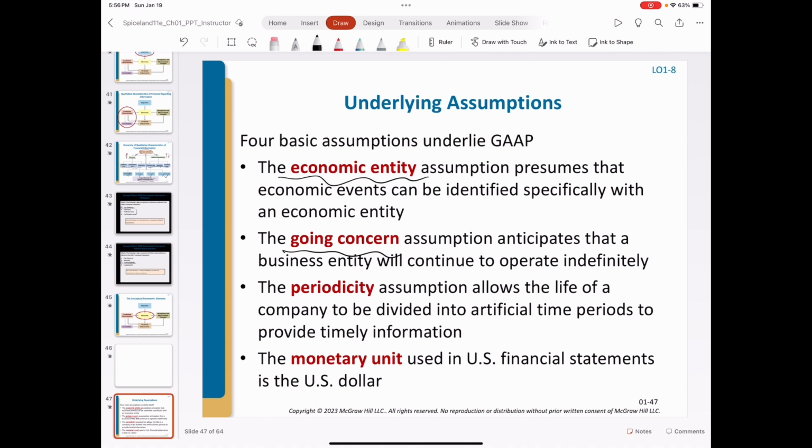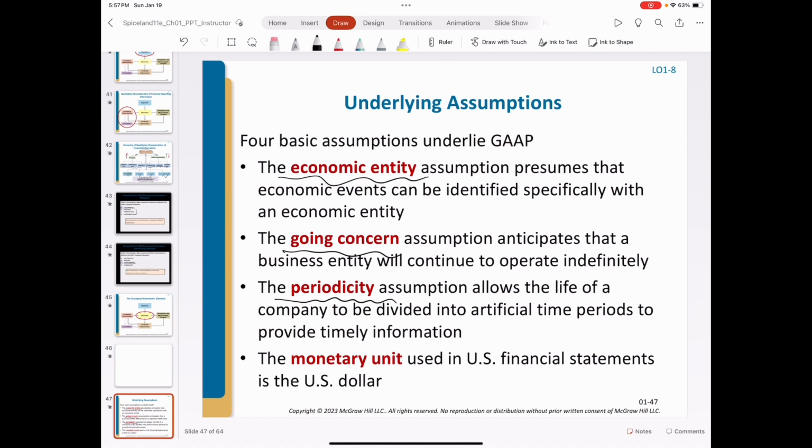The next assumption is the periodicity assumption. We know the business is an ongoing process. It has transactions continuously, internally or externally. But for reporting purposes, we manually divide the life of the business into different time periods.